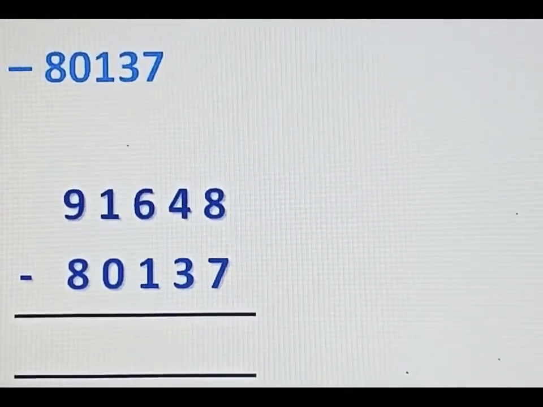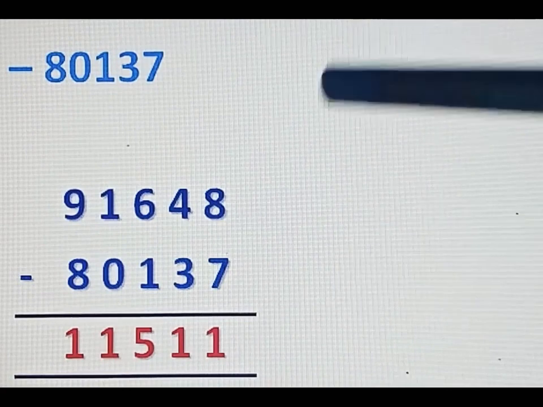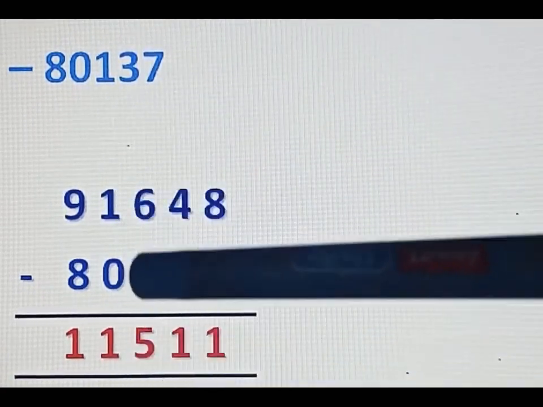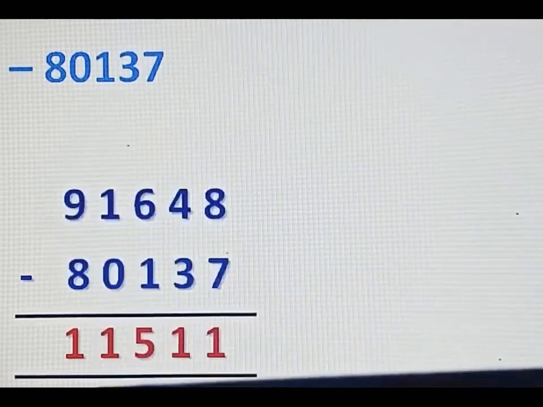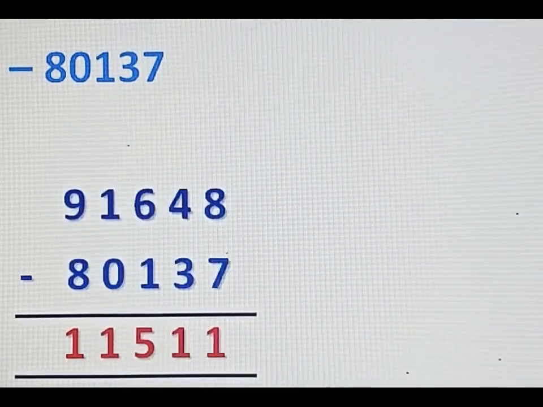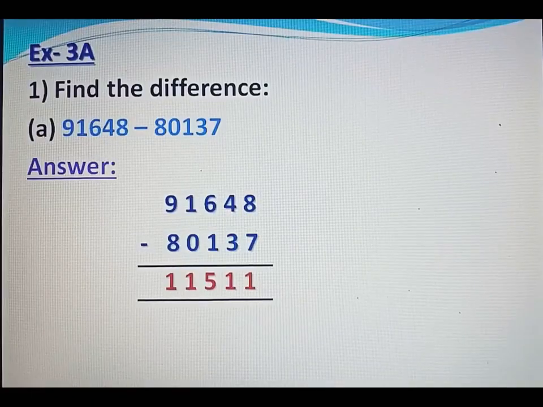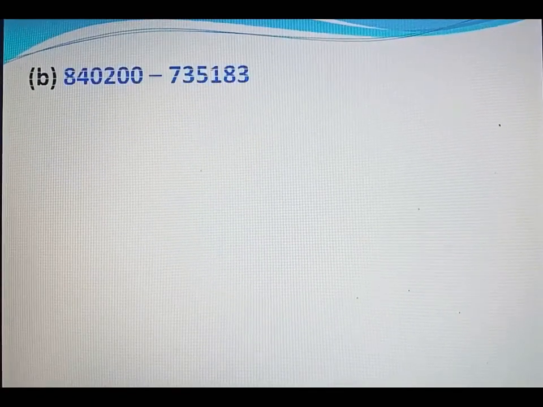Now we will do subtraction. This 8 minus 7, 1, 4 minus 3, 1, 6 minus 1, 5, 1 minus 0, 1, 9 minus 8, 1. So the answer is 11,511.